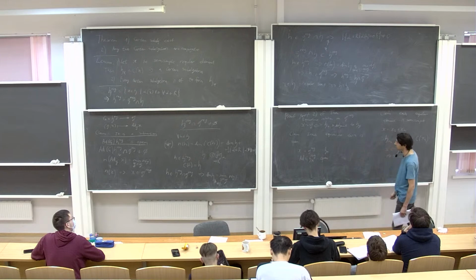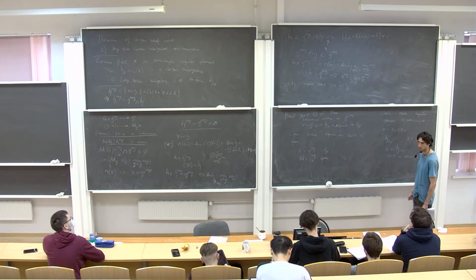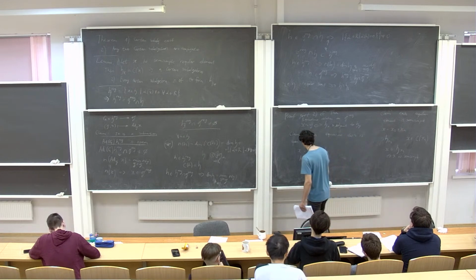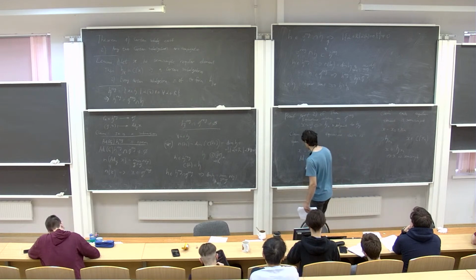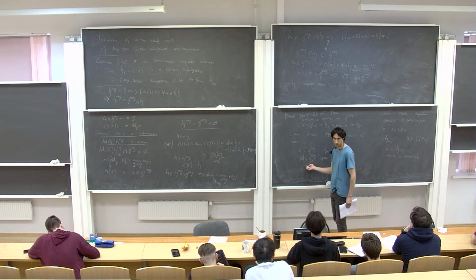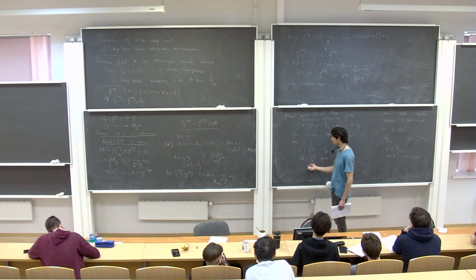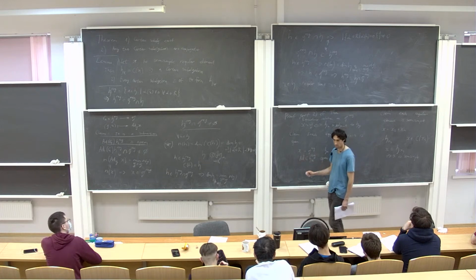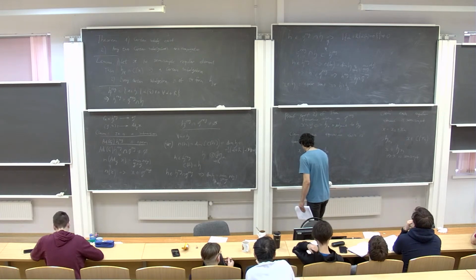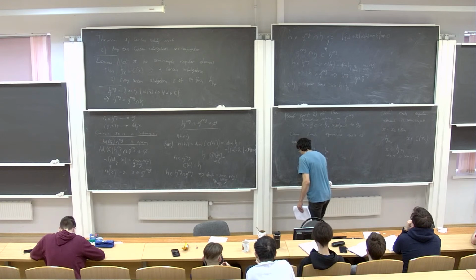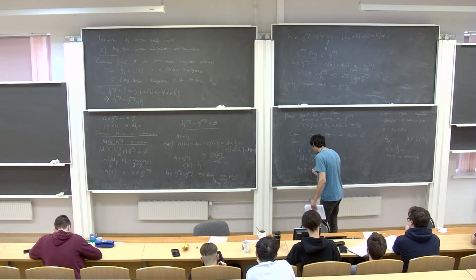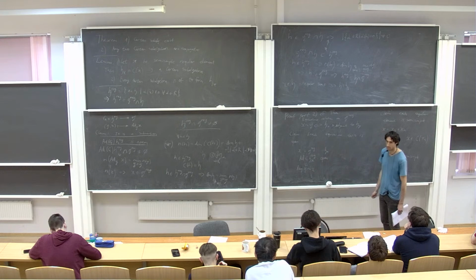So this is my equivalence relation. I claim that all elements in here belong to the same equivalence class, and this class coincides with the class whose representative is x. So any y from here is equivalent to x.